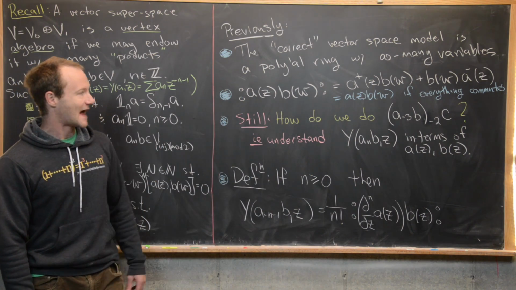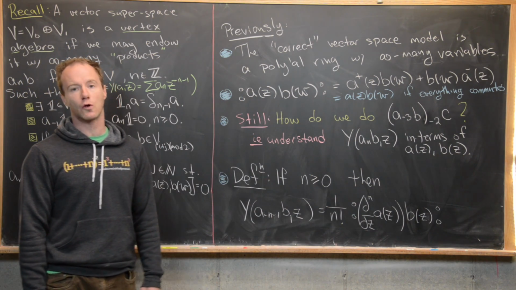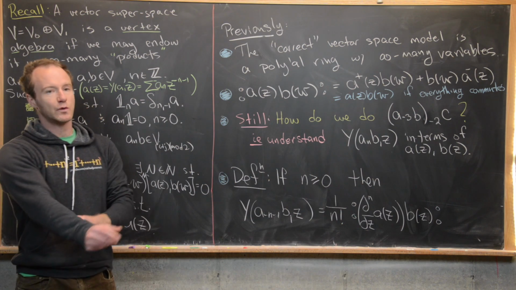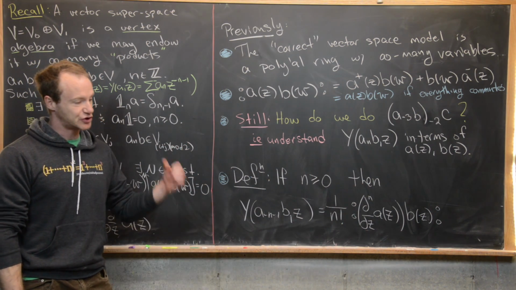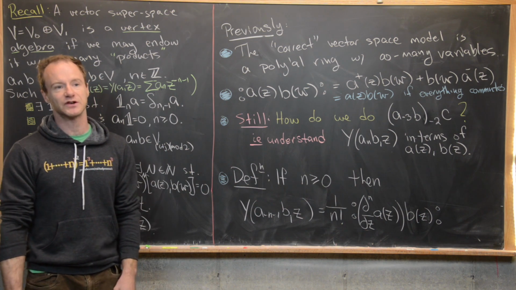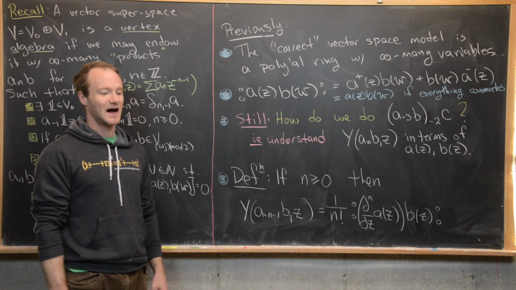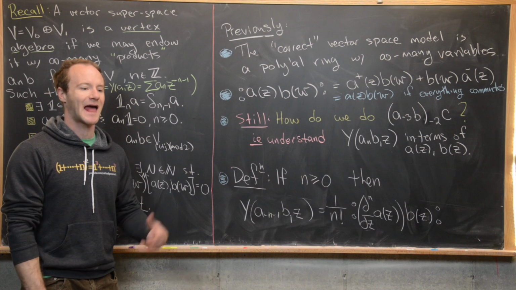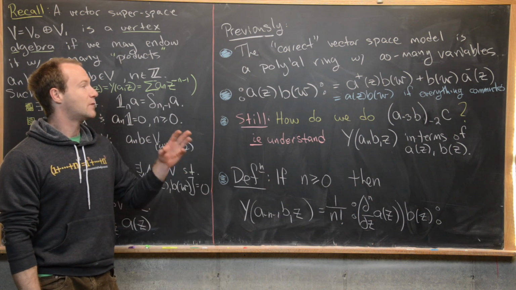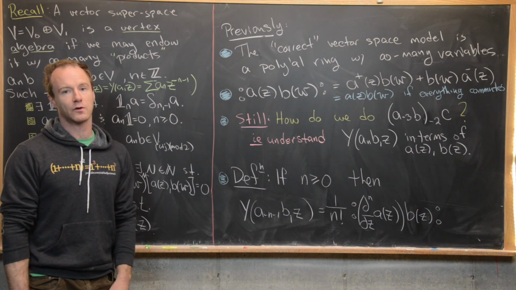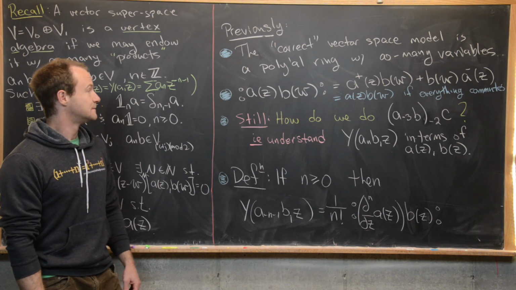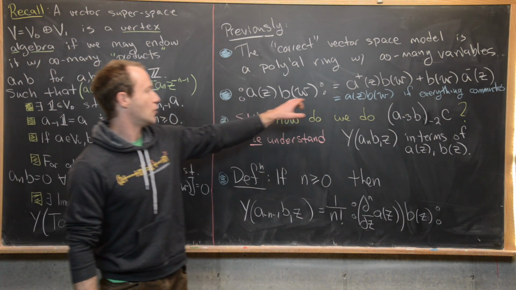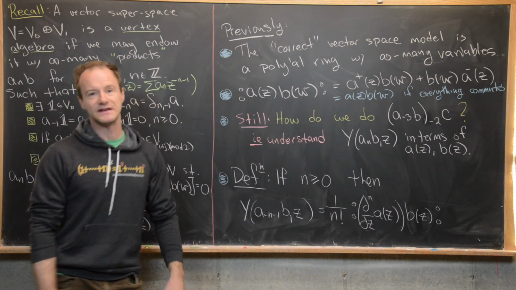And then in the last video, we defined something called the normally ordered product. We first saw that in general, it is impossible to multiply two vertex operators. You will get something that does not formally converge, or not algebraically converge. But we could fix that by doing this normally ordered product, or this thing called the Wick product, named after a physicist. I'm going to denote that by these open circles, A(Z)B(W).